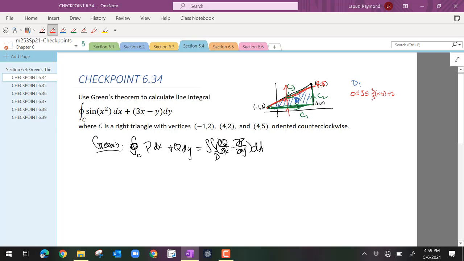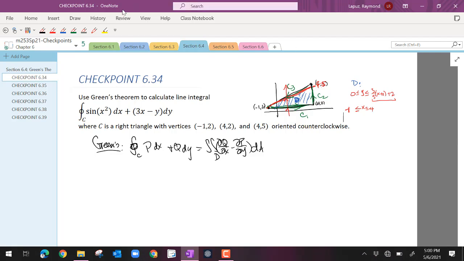All right, so this is the equation of the line: y equals 3/5 times (x plus 1) plus 2. And then our x limits would be constants going from -1 to 4. We can use that as our integral once we get it set up.